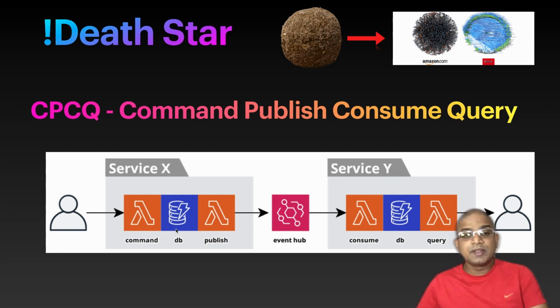It publishes the commands it receives to a DB, or it can be a message broker, or this DB can be perceived as an event source or a message broker, and it publishes those events into an event hub. So the communication between two microservices or two domains can be arranged using an event hub.